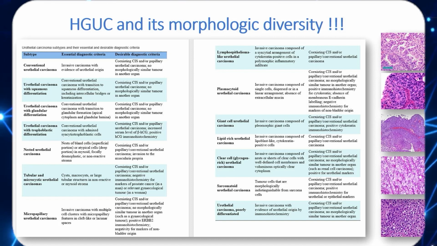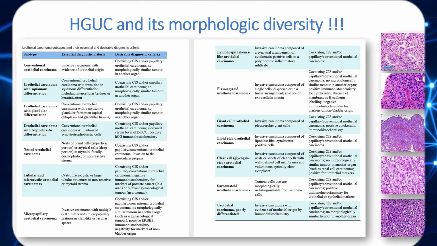Remember, most of your cases are going to be conventional urothelial carcinomas, and with our criteria based on the Paris system, you should be able to make a confident diagnosis very easily. It's basically the micropapillary carcinoma, which tends to show up as really very small cells. So you have to look at them not just at low power, go at a higher magnification.